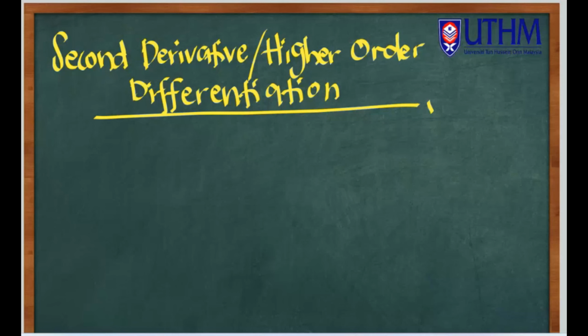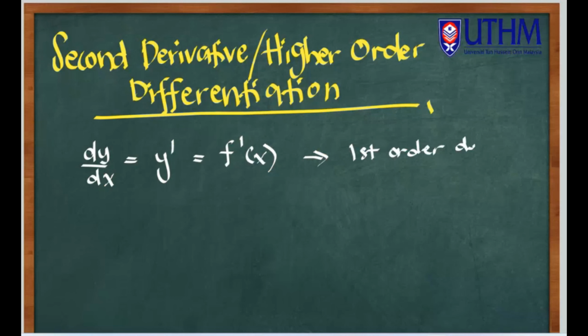The first derivative is equal to dy over dx, or we can simply write it as y prime, or f prime x. This is the first order derivative.